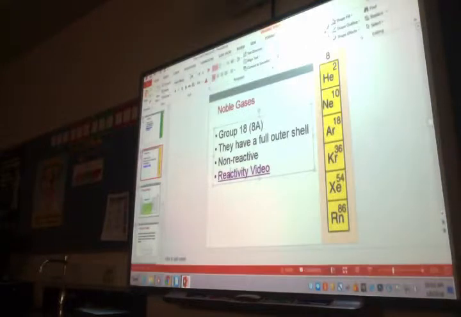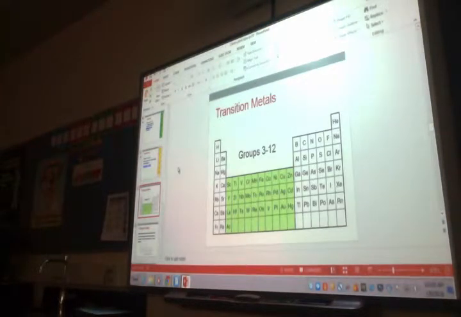All right. Next, transition metals. So these are all these metals that are in the middle, and in fact, this is not all of them. There are more. Let me see if I can draw on this, because I wish I could find a better image.